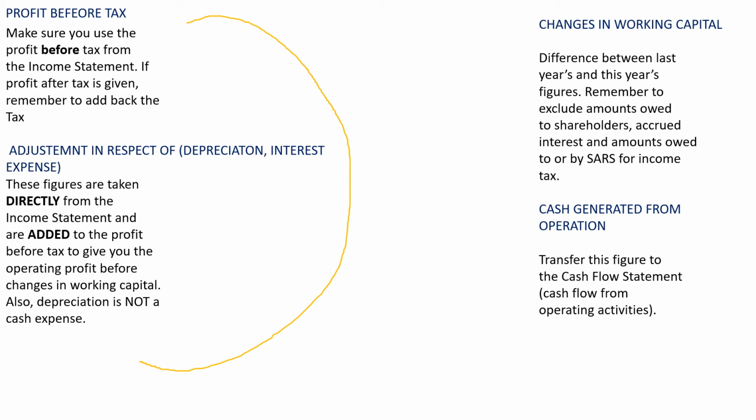Now I'm going to the other side, where I'm going to be talking about your working capital. Your working capital is your inventory, your debtors or accounts receivable, and your creditors or accounts payable. For accounting students, they normally just give you the figures of the previous year with the current year. This part was my favorite part in the cash flow from operating activities, note 1, because it's the easiest part.